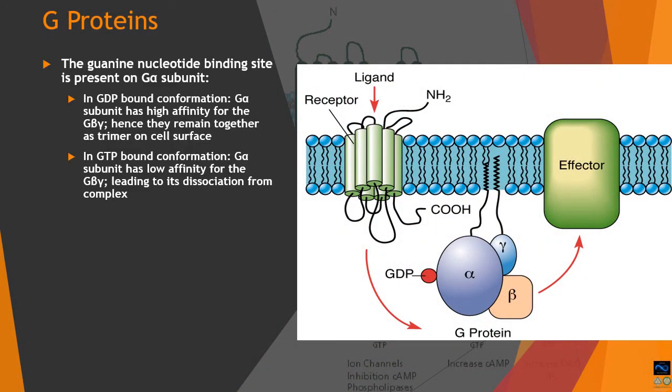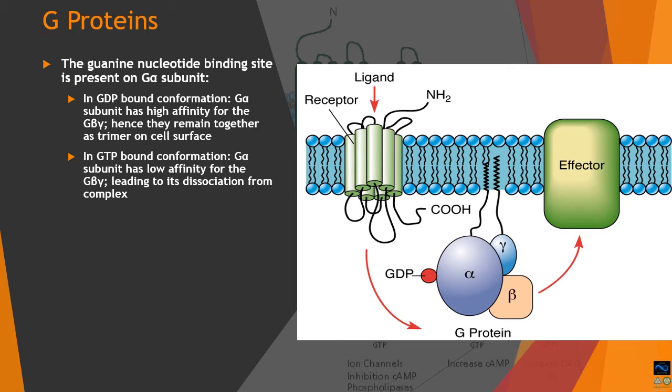As I already told you, guanine nucleotides help in the activation and deactivation. This guanine nucleotide is present on the G alpha subunit of this heterotrimer, and when it is present as GDP, the G protein is usually inactive, and G alpha has a higher affinity for binding with the two other subunits, beta and gamma, so they exist as a trimer.